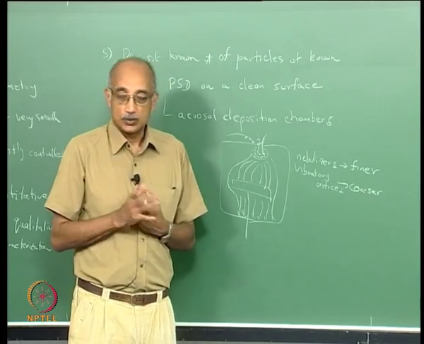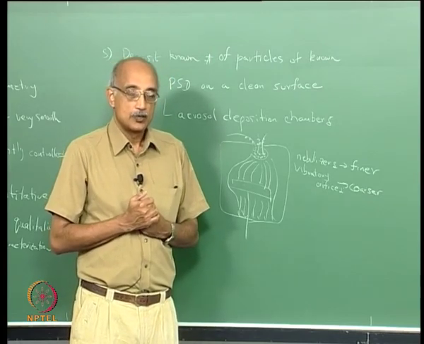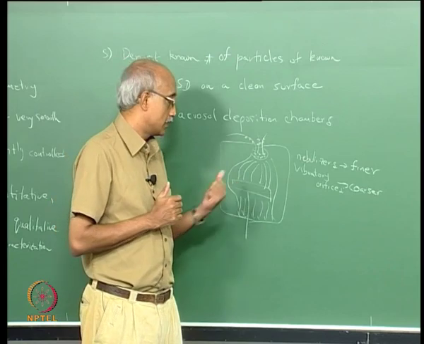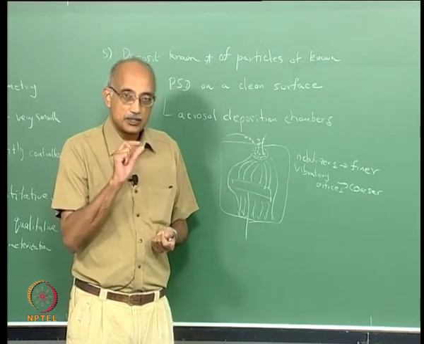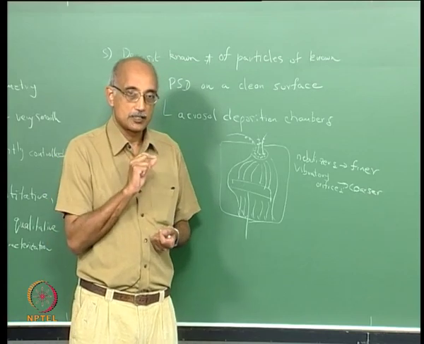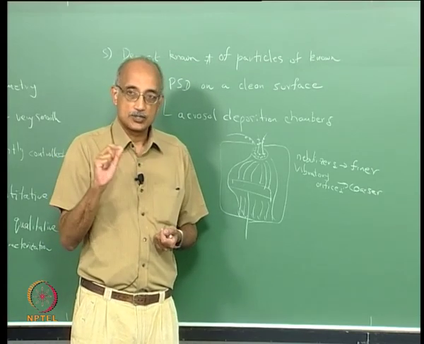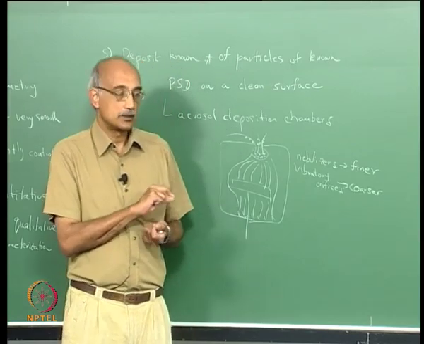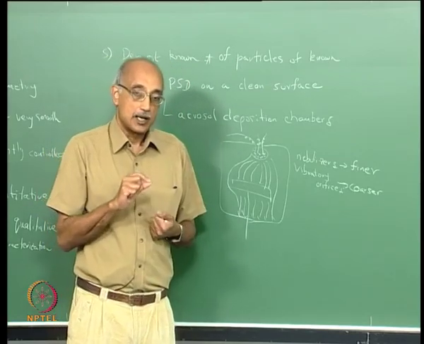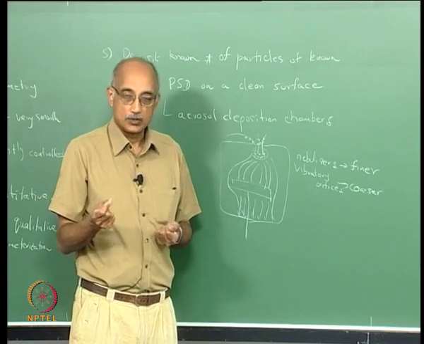Similarly, pressure controls are very important. If you are running the deposition chamber at a particular pressure, you have to maintain the pressure as precisely as possible, because even small excursions in pressure can impact both diffusional velocities as well as inertial effects also.